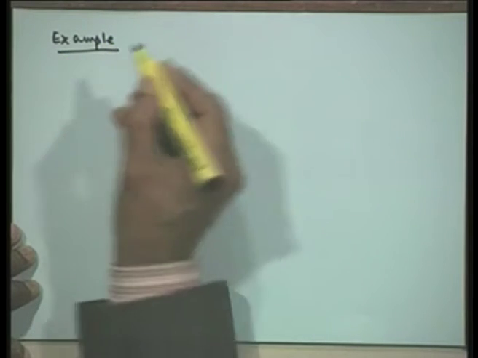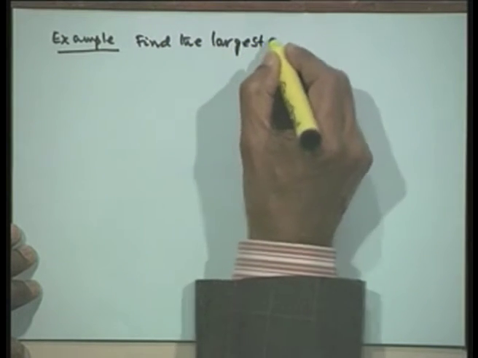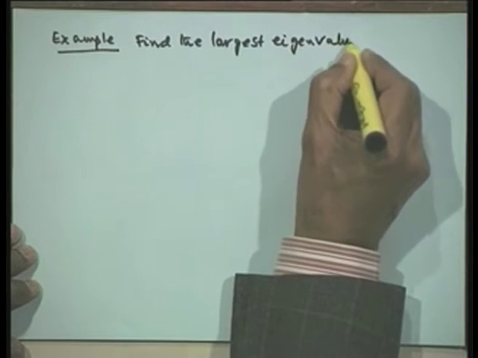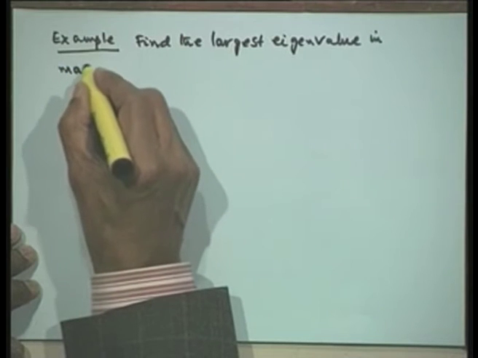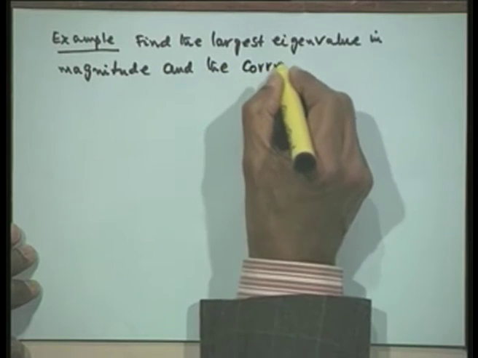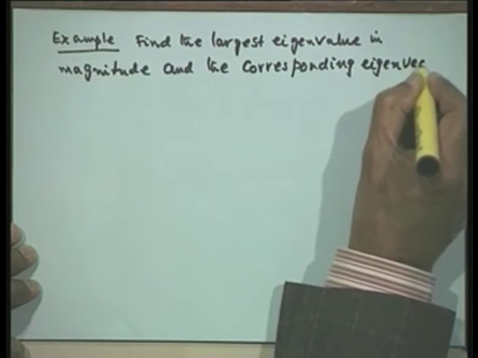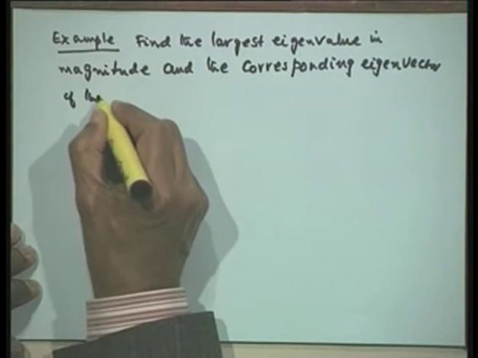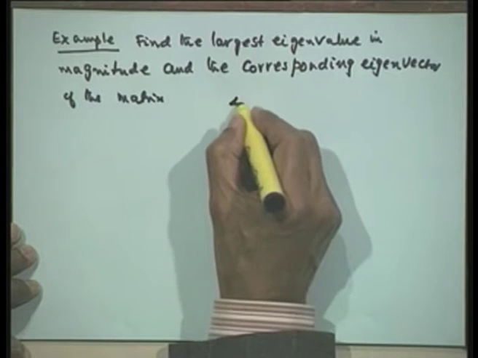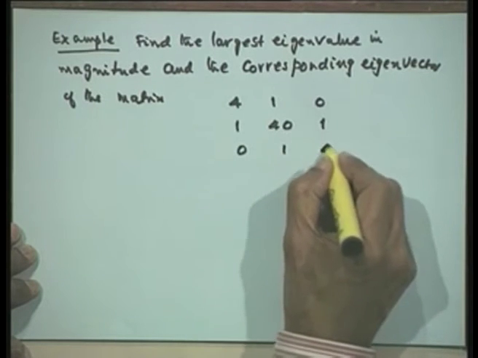Now, let us apply this on an example. Let us write the example as: find the largest eigenvalue in magnitude and the corresponding eigenvector of the matrix with rows 4 1 0, 1 4 1, 0 1 4.